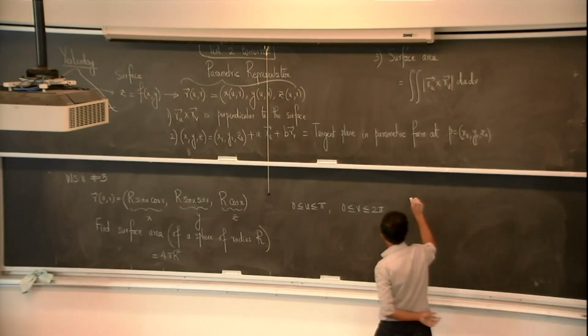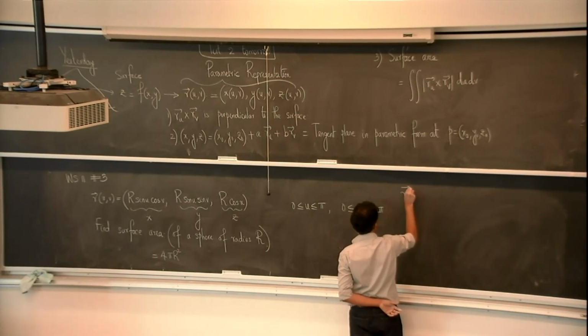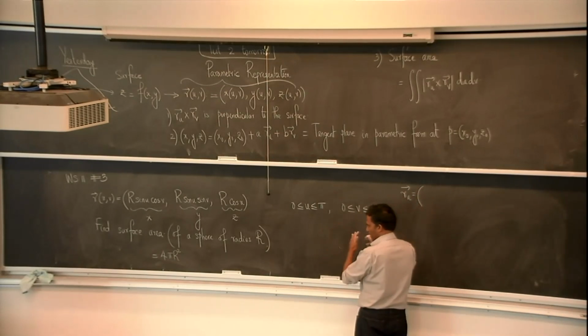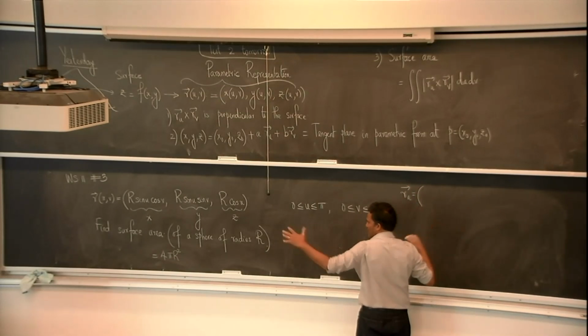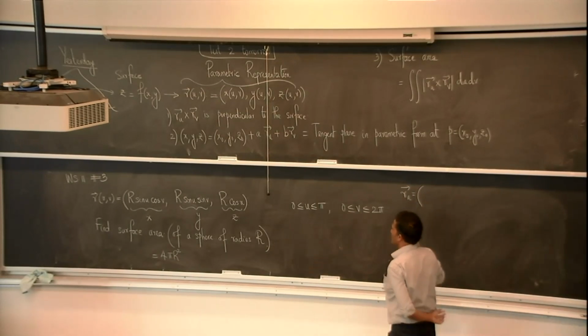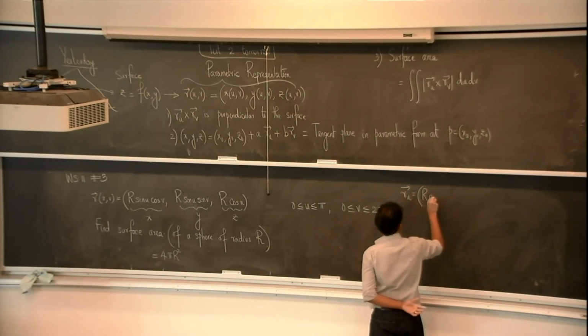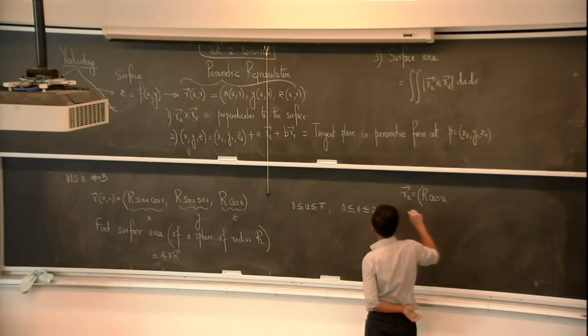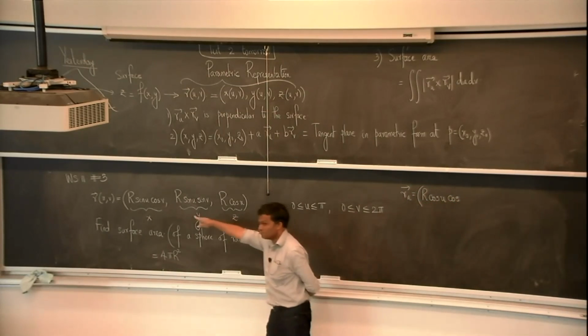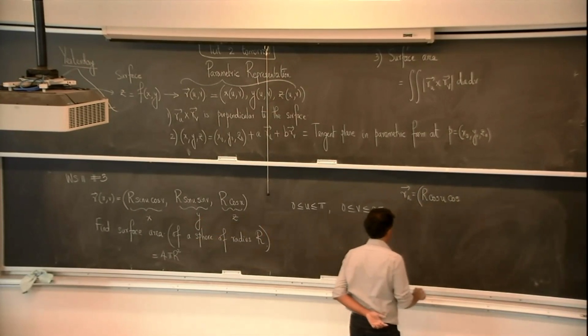So let's start with the partial derivative of r with respect to u. I should warn you that this example is going to be a little bit lengthy, so make some room for yourself in terms of how much you want to write. Partial r_u would be R cosine u cosine v, because the derivative is only for the u term. Sine of u becomes cosine u.